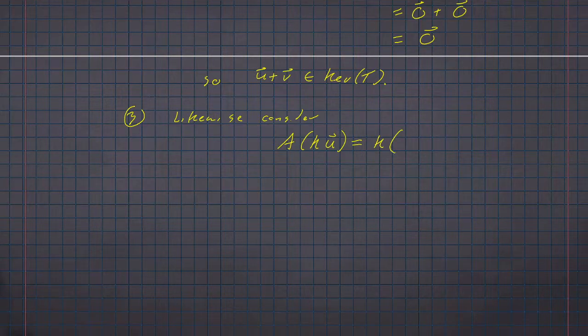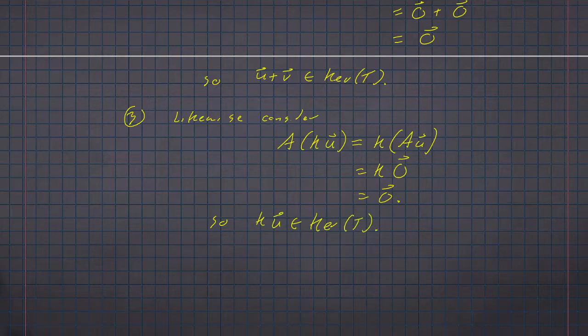So this is k times Au. And since u is in the kernel of the transformation, A times u is the zero vector. And if I multiply any scalar times the zero vector, I get back out the zero vector. So k times u is also in the kernel of T.